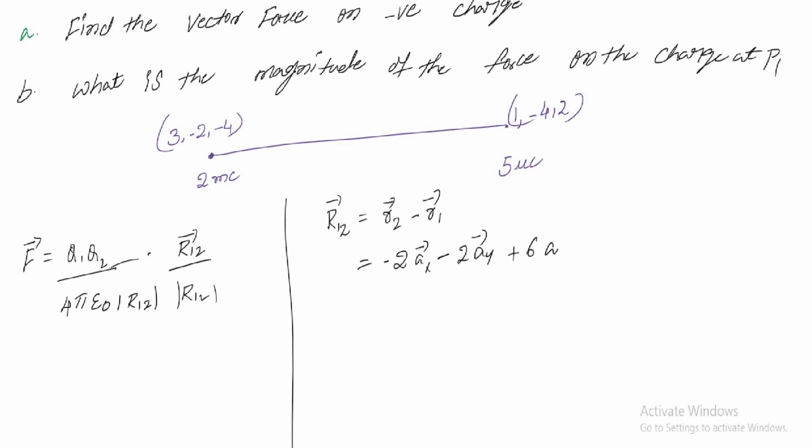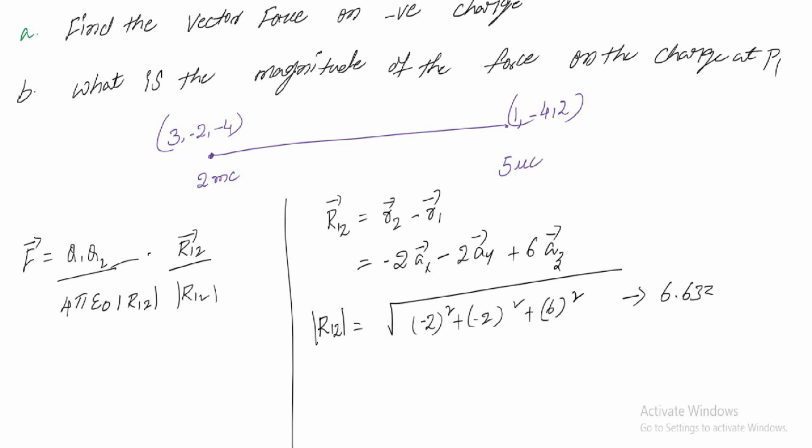Here we got the distance vector. Then what will be the magnitude of this distance vector? That is the square root of minus 2 whole square plus minus 2 whole square plus 6 whole square.